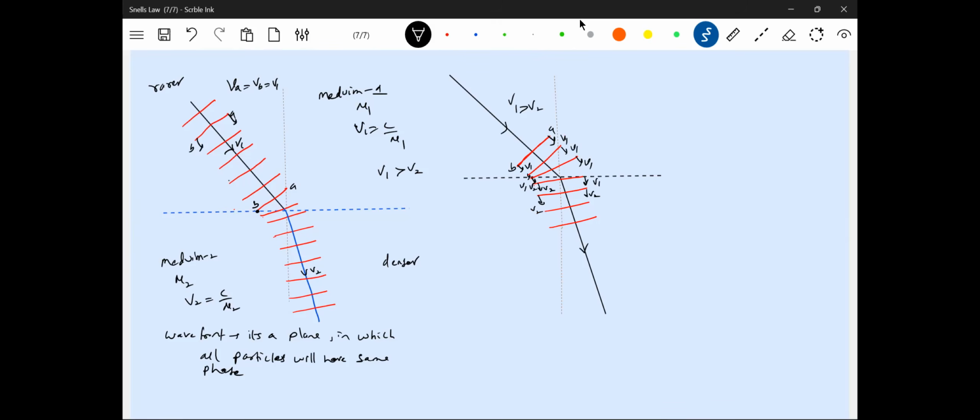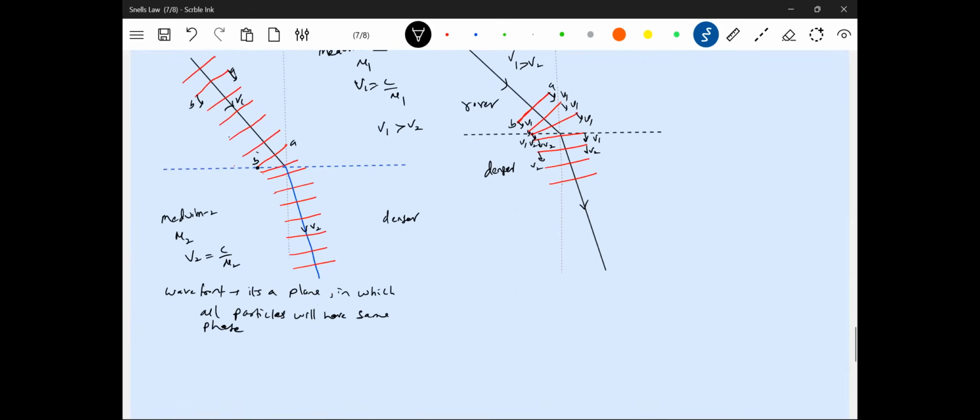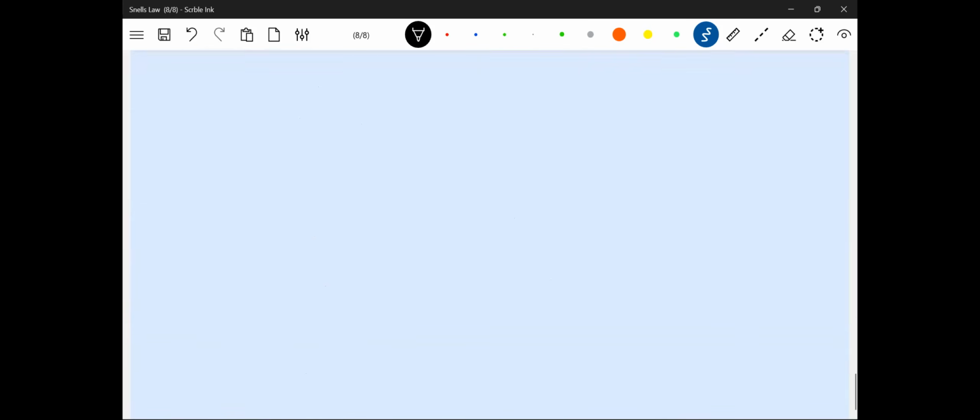Getting the idea? So why should the ray of light bend towards the normal when it moves from a rarer to a denser medium? There's a basic condition. Similarly, what will happen when a ray of light moves from a denser to a rarer medium? We'll analyze in terms of the wavefront. I'll go to another page.